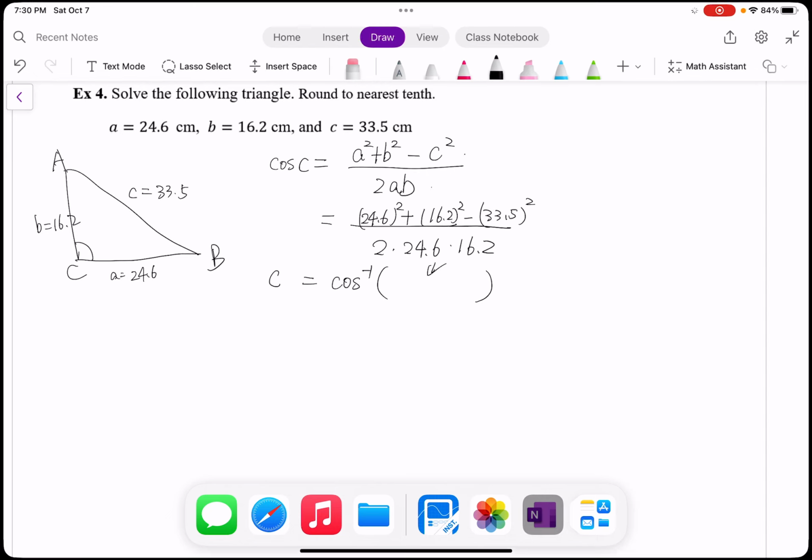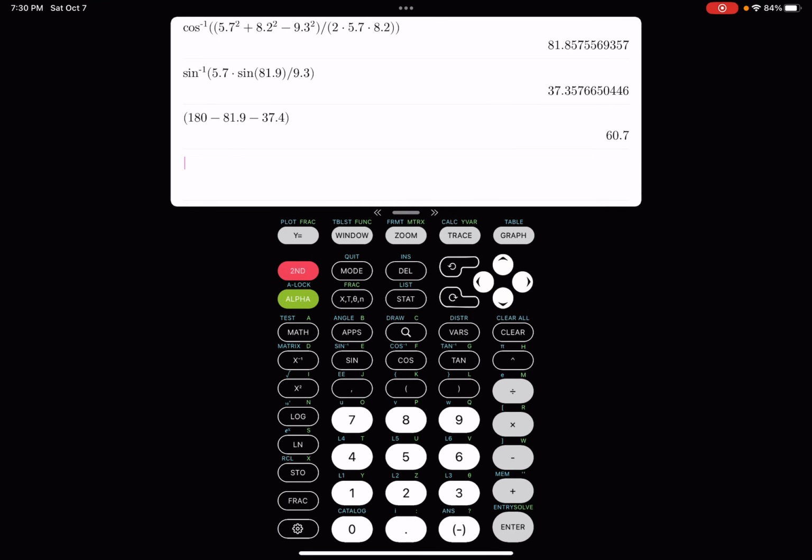I don't want to copy, so let's use the calculator to do this. Second, cosine. On the top we have a very complex expression, with addition and subtraction, so let's use parentheses to box the top. 24.6 squared plus 16.2 squared, and then minus 33.5 squared.